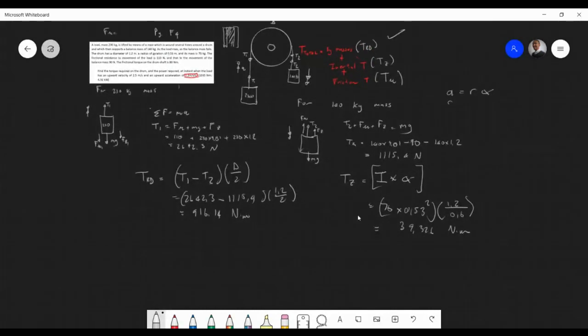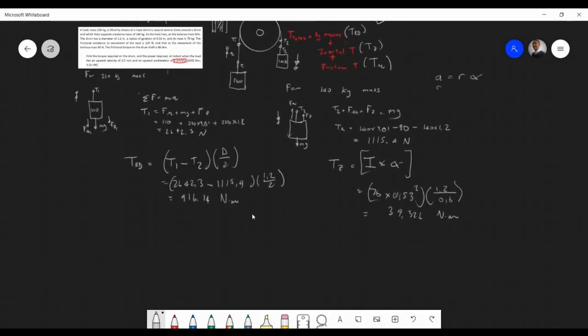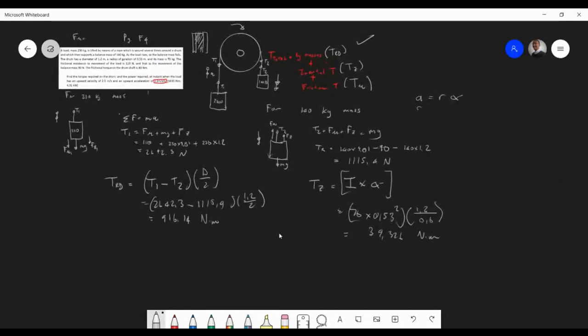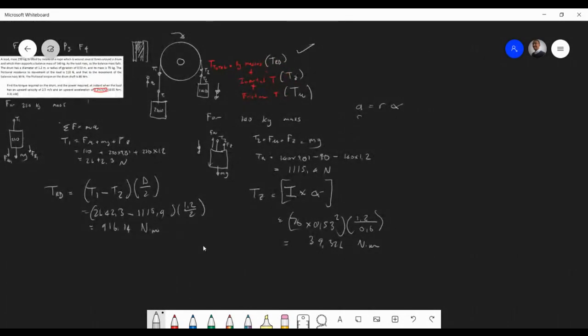Just bear in mind, it's important to understand how to find all the tensions, find the torques. So holistically, for this, we have the drum over here. We've got that producing a torque, that tension, right? So we found this net torque, so to say, and it's spinning this way, right?